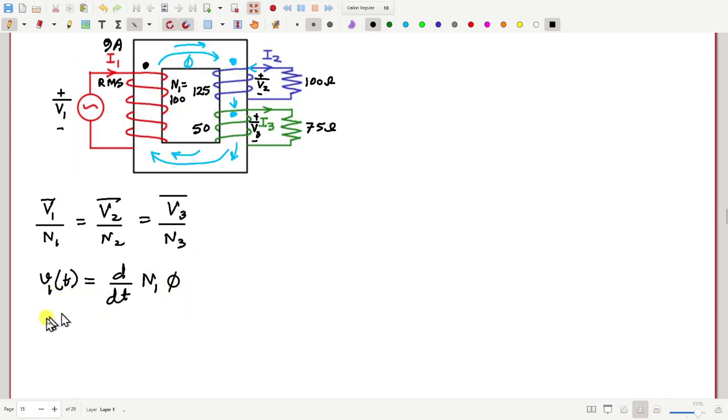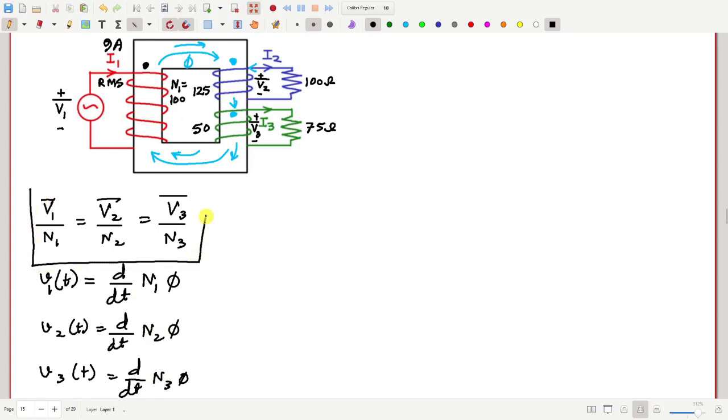So this is V1. Similarly, V2 is d/dt of N2 times phi, and so is V3, d/dt of N3 times phi. So you can see that the RMS values of V1, V2 and V3 are in the ratio of N1, N2, N3. So this is one equation for this transformer.